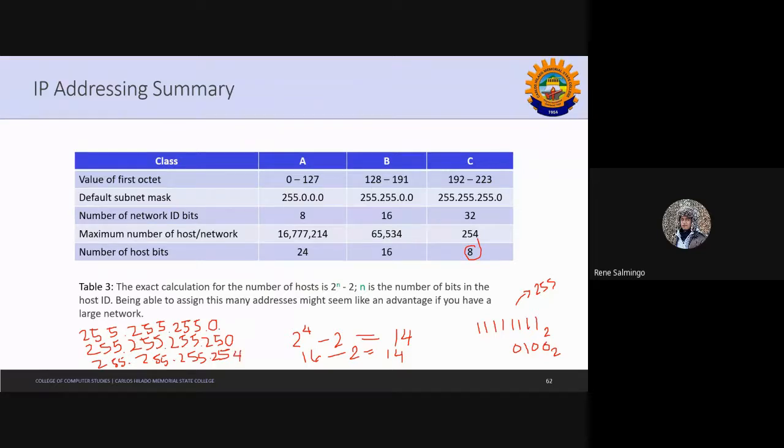Which one is easier to configure? 0 to 250, or 250 to 254, which has the same 4-bit scenario? 250 to 254 is much easier compared to 0 to 250, because you have so many hosts here, and all you need is only 4 bits of your subnet mask. So that's the difference why we focus more on this side.